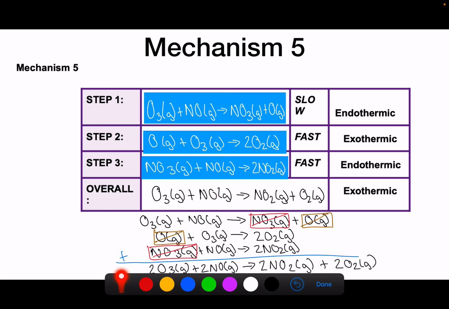Okay. My rate determining step, again, I go back to the slow step. So that's going to be step 1. My rate law looks to be k[NO][O3]. All that's good when I look at my work. Okay. My intermediate is NO3 and O. So I have 2 on this one.